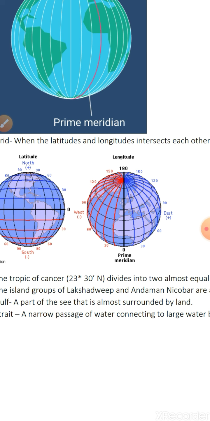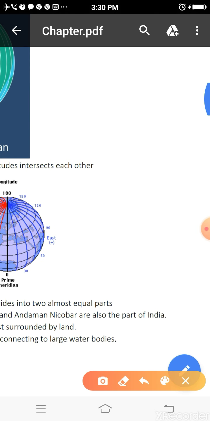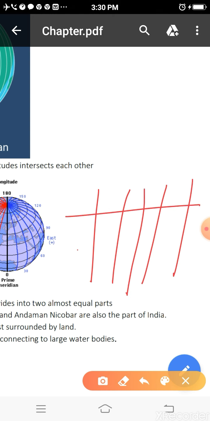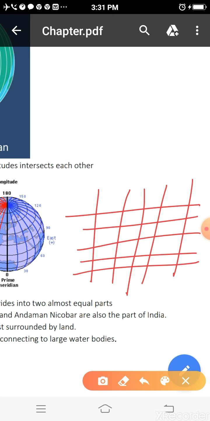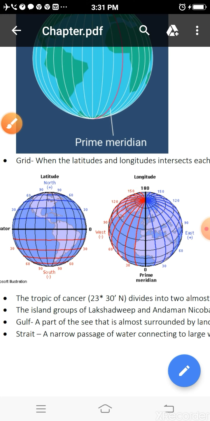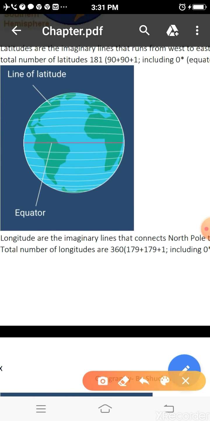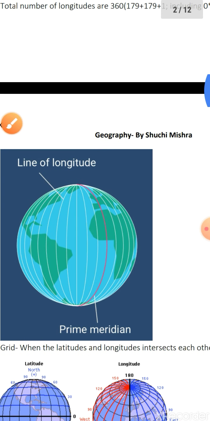Now, in the audio clip, I gave you the example of graph paper. You must have observed some vertical lines and some horizontal lines. This type of network you get when we place the lines of latitude over the longitudes.